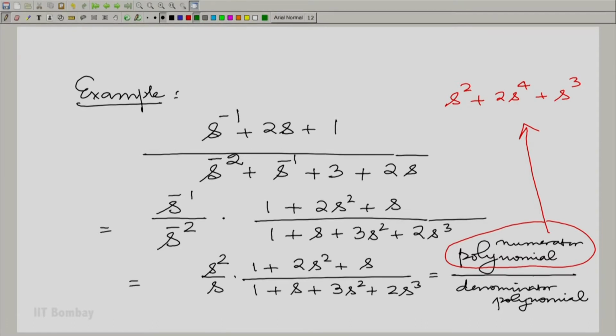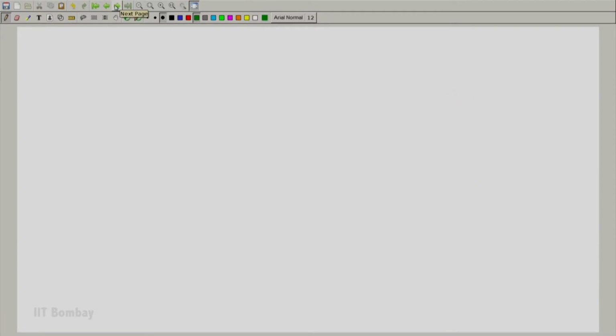And the denominator polynomial is going to be s plus s squared plus 3s cubed plus 2s to the power 4. Simple.